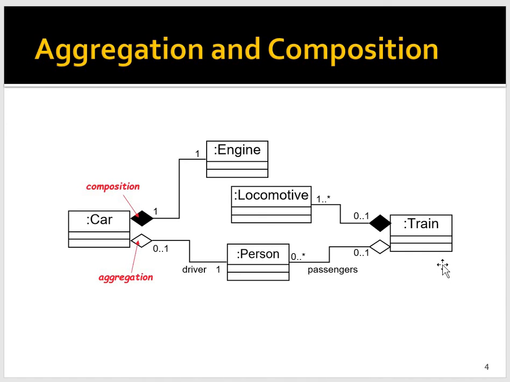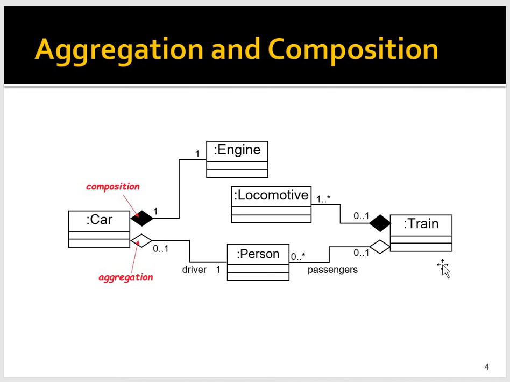Similarly, if we take the person, the driver has an aggregation association with the car, and again the person has an aggregation association with the train. It means that if the person doesn't exist, there will not be any impact on the car or the train. But in the case of composition, the engine has a strong composition with the car.